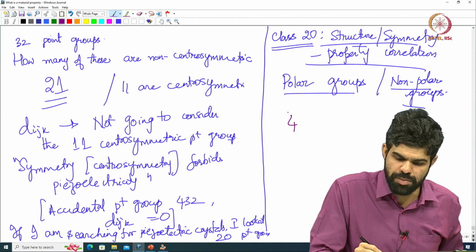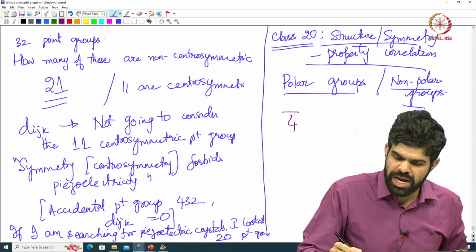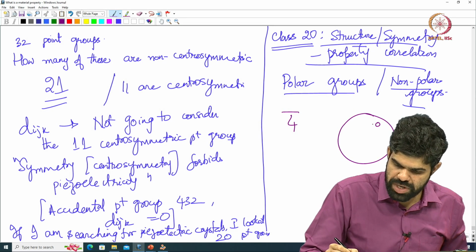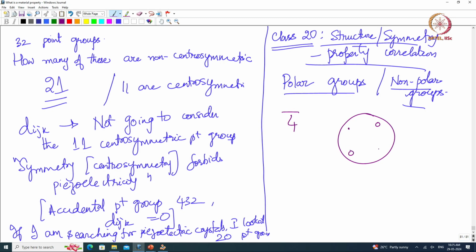For example, if I look at 4 bar, I have 2 circles here, 2 dots here. This is my unique point, which I will color differently, about which I have a 4 bar symmetry.